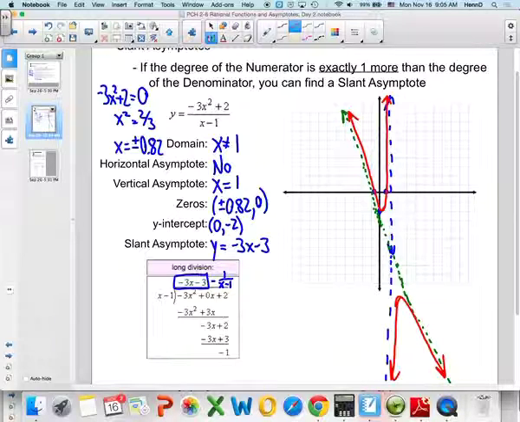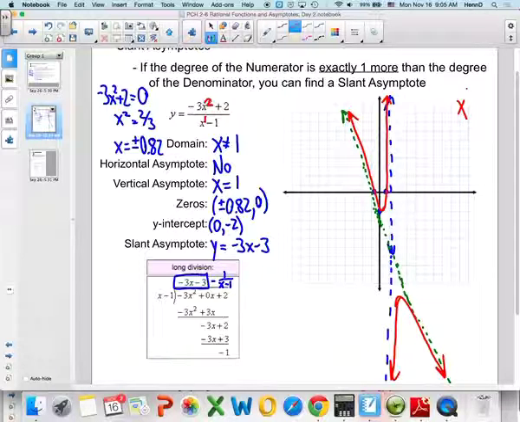How can I know the function has a slant asymptote? You know the function has a slant asymptote because notice the degree in the numerator was 2 and here it was 1. If this is just one more than this, you're going to have a slant asymptote. It's got to be exactly one more.